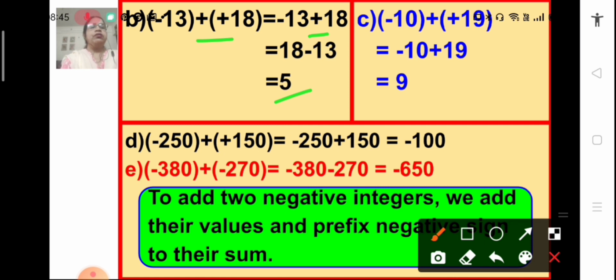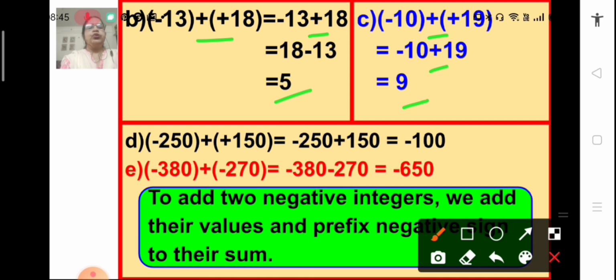So it is positive 5. C, negative 10 plus positive 19. So here two positive signs, we get positive. So negative 10 plus 19. Here we subtract, 19 minus 10 becomes 9, and it takes the sign of the bigger integer. So it is positive 9.